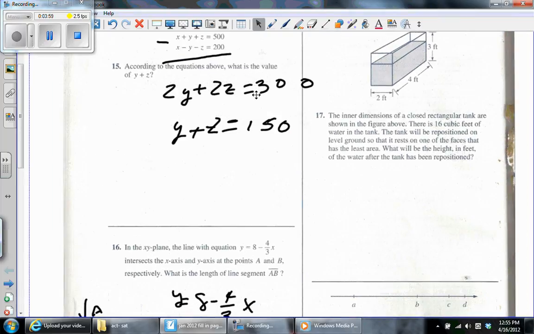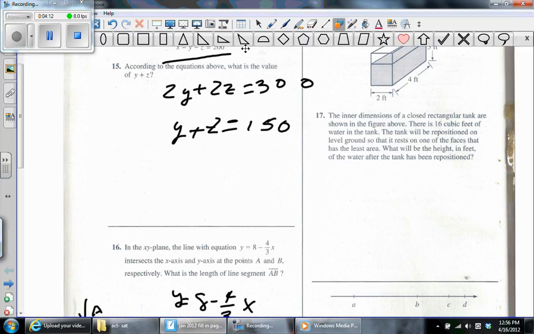Alright, so over here. Inner dimensions of both rectangular, you want to know if the tank would be repositioned on ground level. Alright, so what we have here is we're going to have a new three-dimensional rectangle.